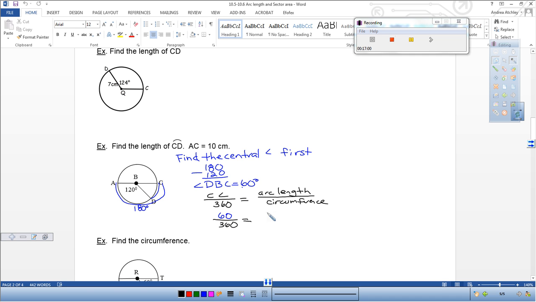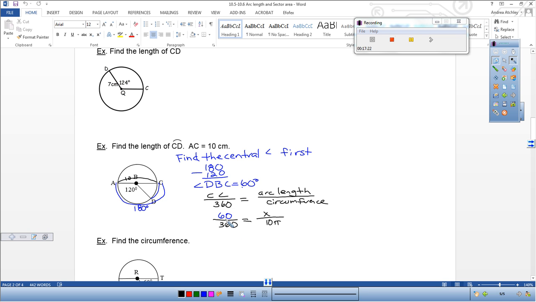The arc length is what I'm looking for, over 2 times, oh, the radius, say that AC is 10. So we just need 10, we don't need 2 because they gave us the diameter. Any questions over that?